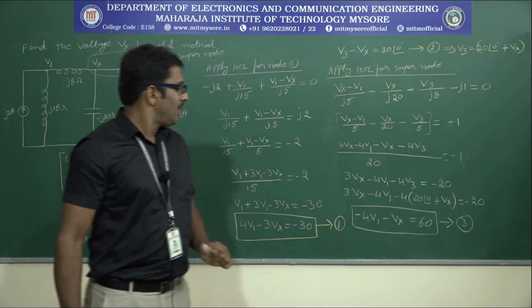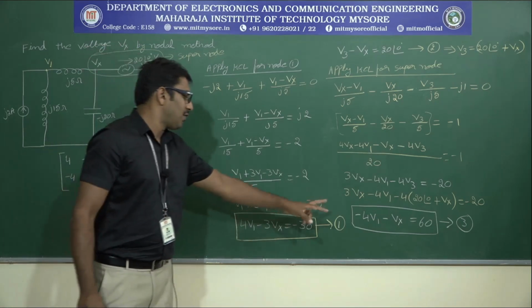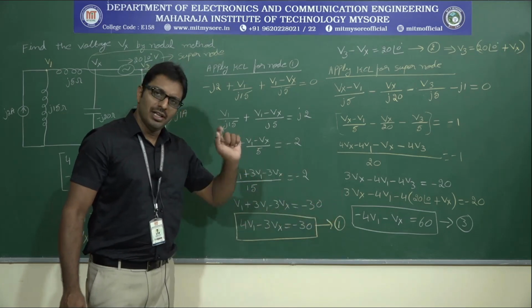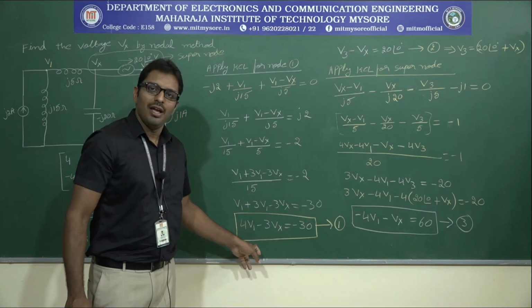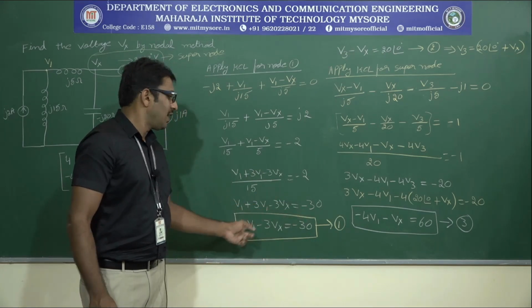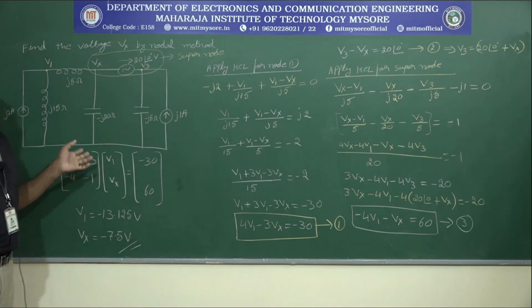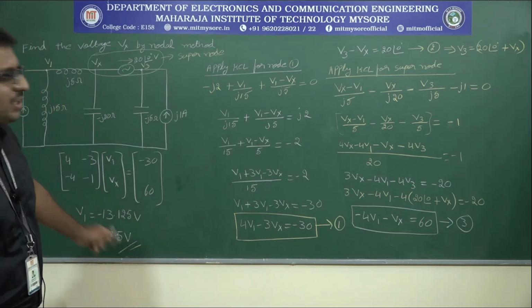So right now we have 2 equations, equation number 1 and equation number 3, because we need to calculate Vx. In both equations we have Vx with another variable V1. Just write it in matrix form by applying Cramer's rule. Easily we can solve these two simultaneous equations.